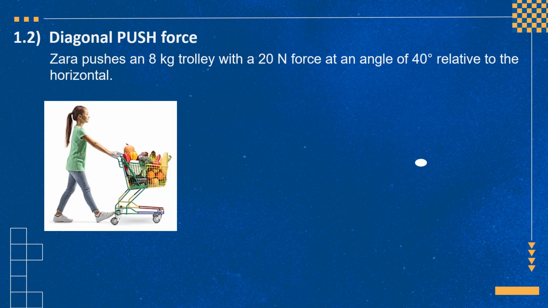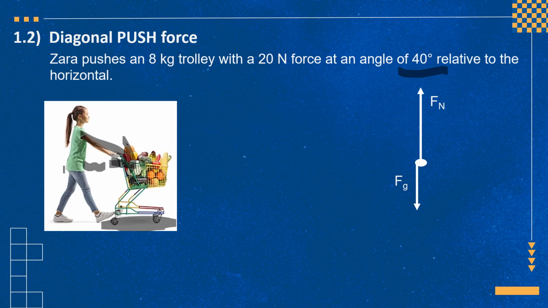Okay, so let's quickly look at an example. We've got Zara pushing an 8-kilogram trolley with a 20 Newton force. So there's the force at an angle of 40 degrees relative to the horizon. The trolley is on a surface, on a planet, so we have gravitational force, normal force, and then that downward diagonal pushing force.